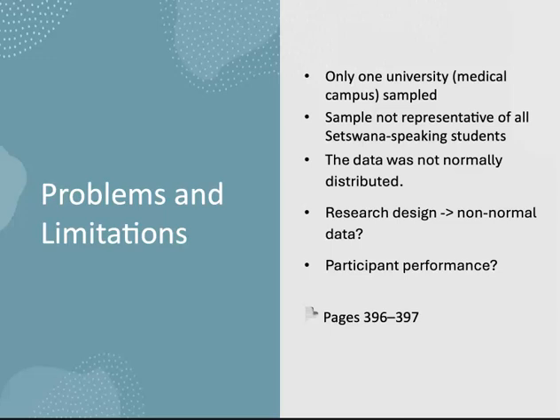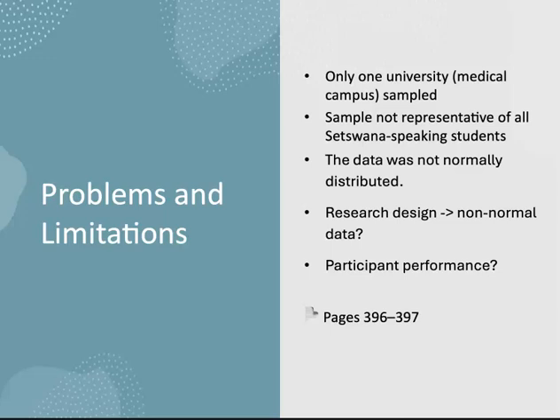Also see page 397. It says subjects exclusively selected from Medunsa campus that may have affected the representativeness of the sample. The researcher's design could also play a role and may have generated non-normal distributions.